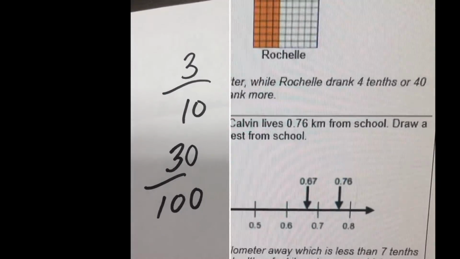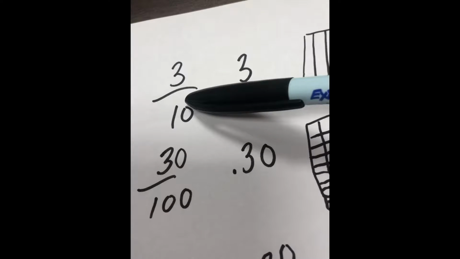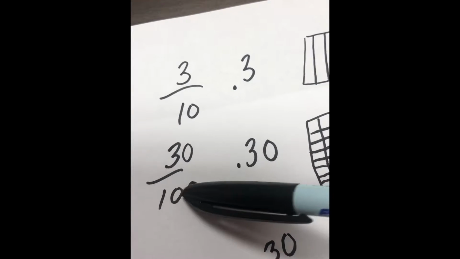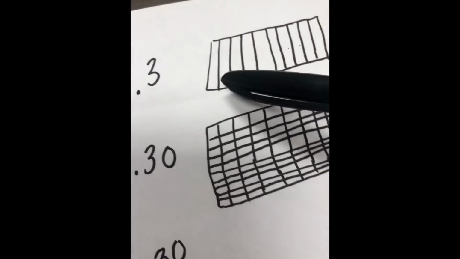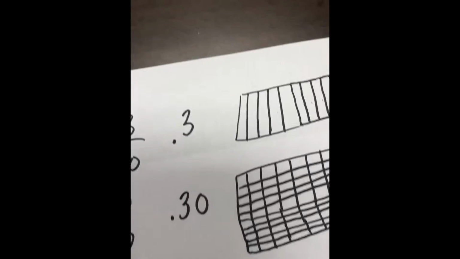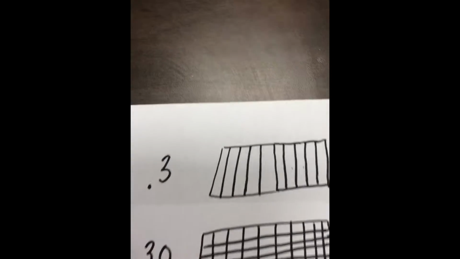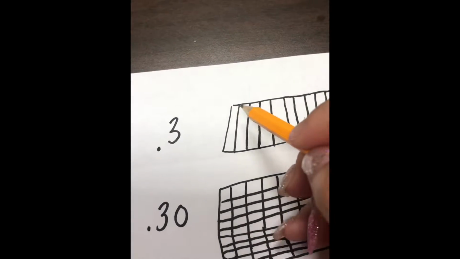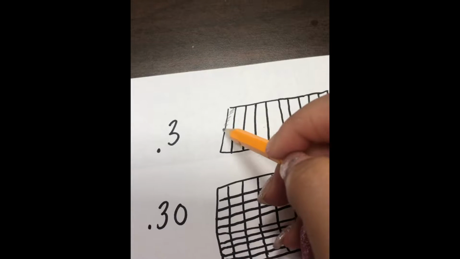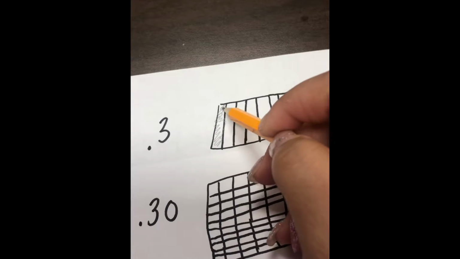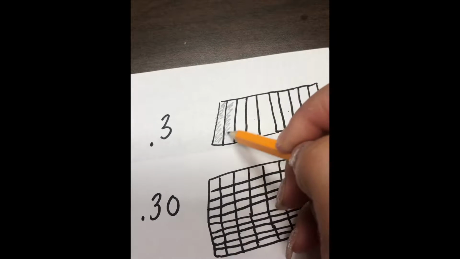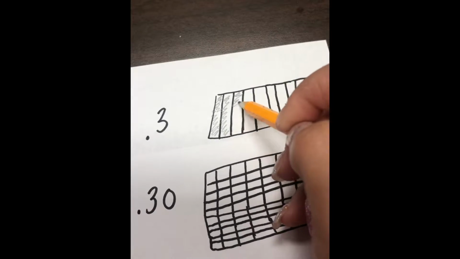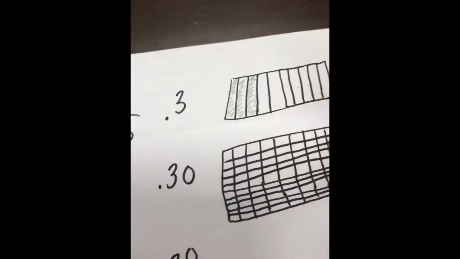This is all equivalent: 3/10, 30 hundredths. So if I shade in 3/10, it will be 1/10, 2/10, and 3/10.